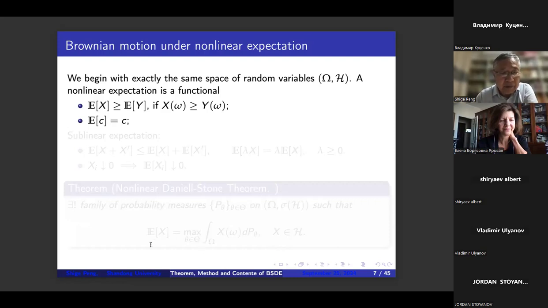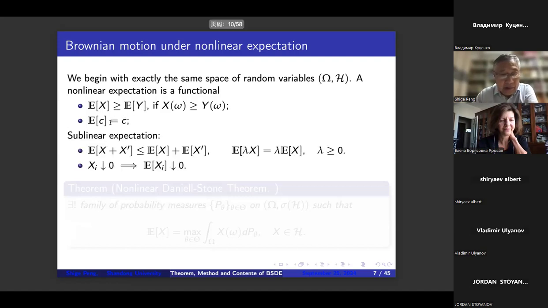In general, a nonlinear expectation is just a functional E defined on H, the random variables, satisfying monotonicity, keeping constant, and sublinearity.